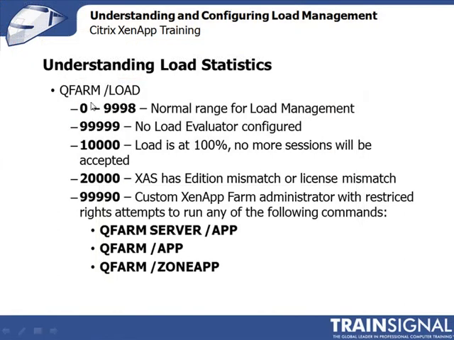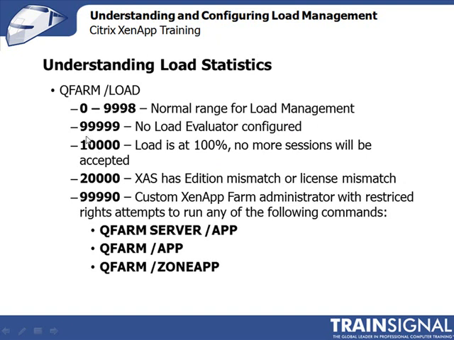So when you run the command qfarm /load, the values are going to mean the following. Anything from 0 to 9,000 or 9998, so to speak, is a normal range for load management. This means that the server is in a normal state, everything is good. This will vary, if there's one user, it'll show maybe 100, and so on and so forth. That's how you know what type of load is on the server.